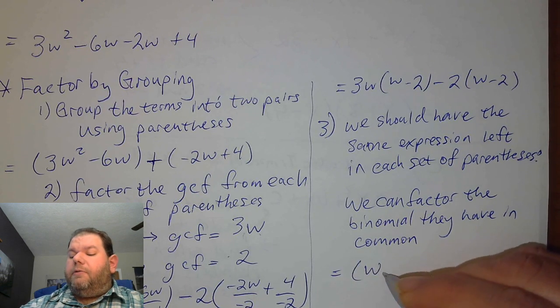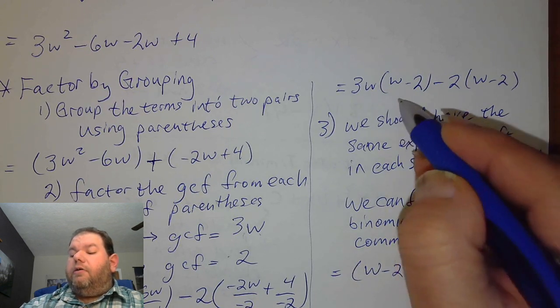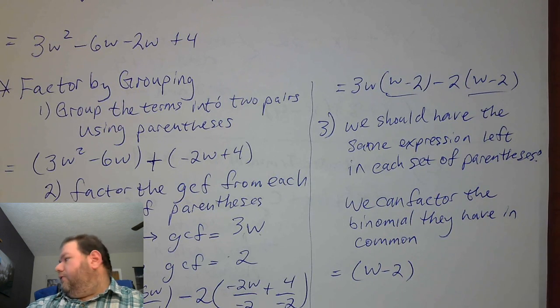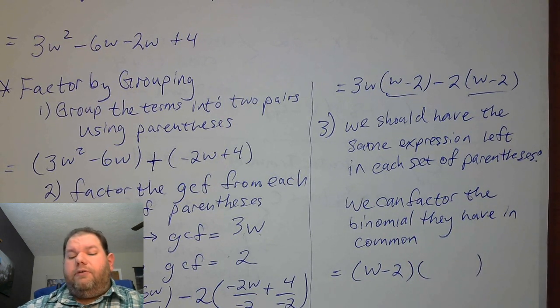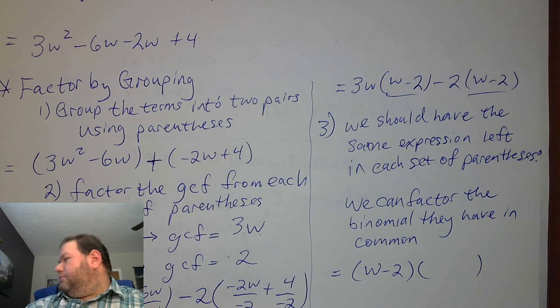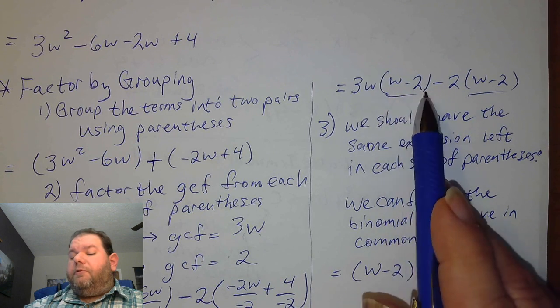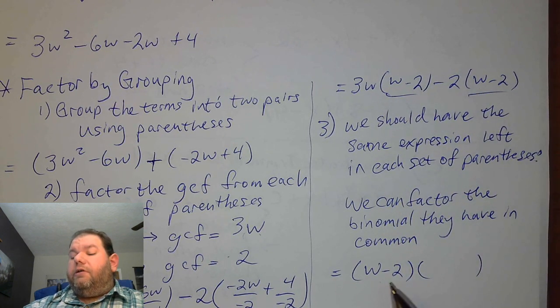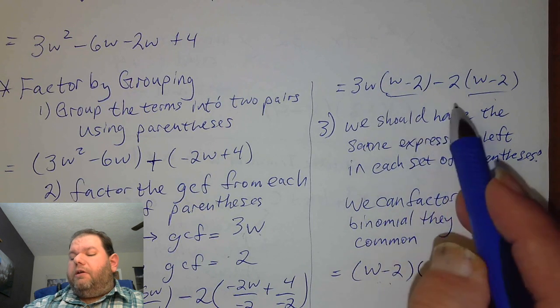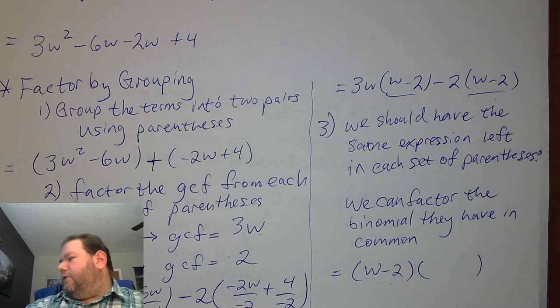If we take a w minus 2 out from both of those terms, the question is, what do we have left over? We take the w minus 2 out here, we take w minus 2 out here, so that because it's part of both, we factor it out to a single factor. And then what's remaining for each of the other two parts?